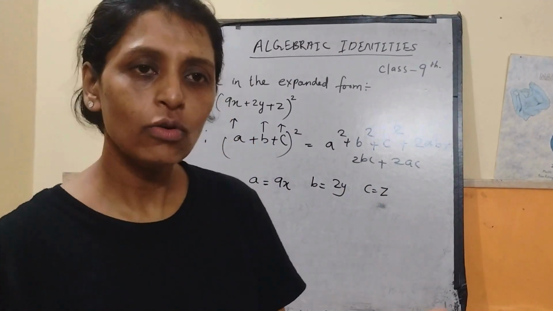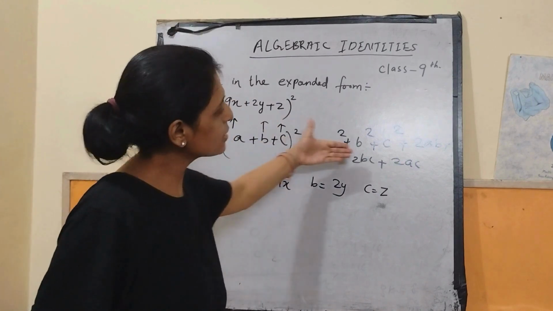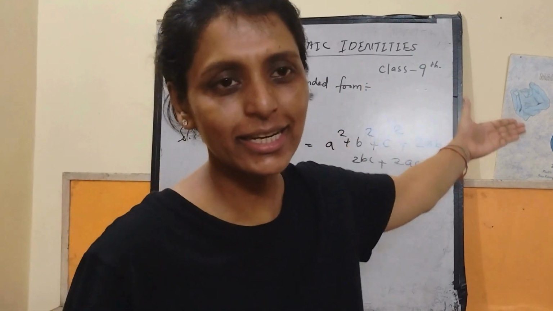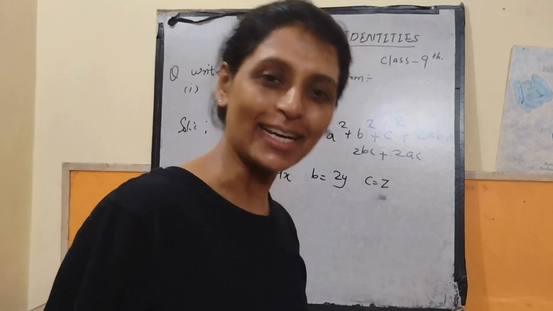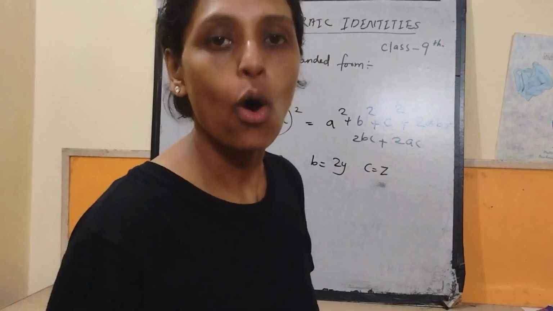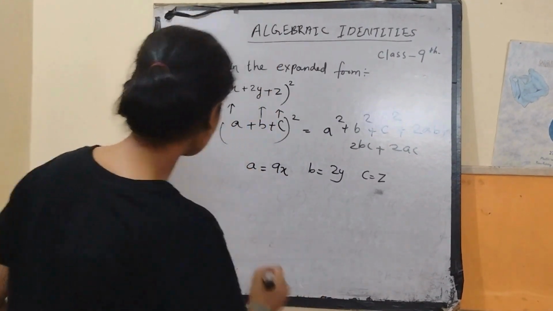Now we have to just follow this algebraic identity in order to expand the expression (9x + 2y + z) whole square. So the expansion goes like this.